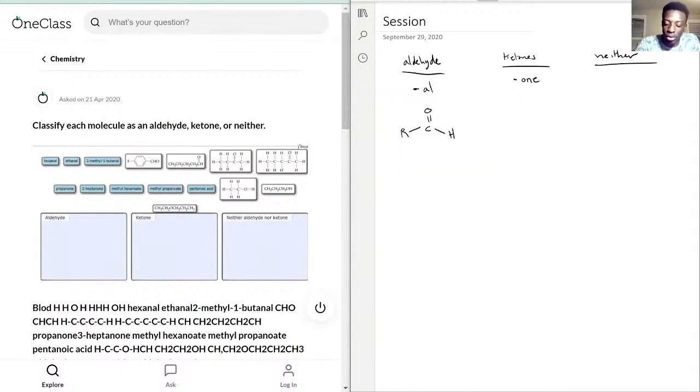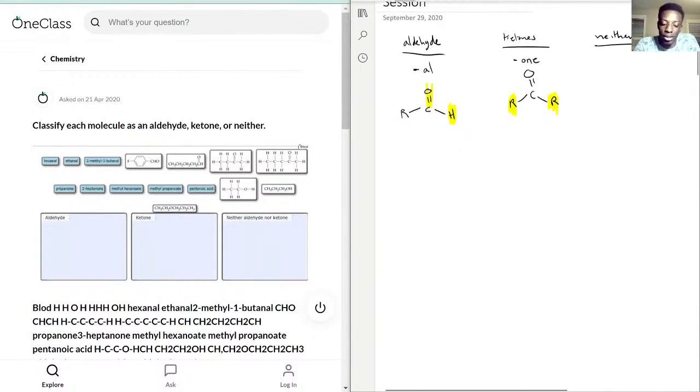It has that functional group, carbon, and the hydrogen. Now ketone looks very similar to that, but instead of it being a hydrogen, you'll see that it's just another functional group. So ketones is when the double bonded oxygen is in the middle, while the aldehyde is actually at the end because you see the hydrogen there. Okay, so now knowing that, let's go forward and answer these questions.